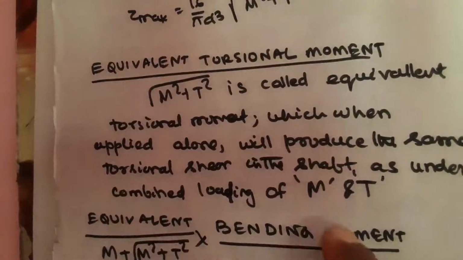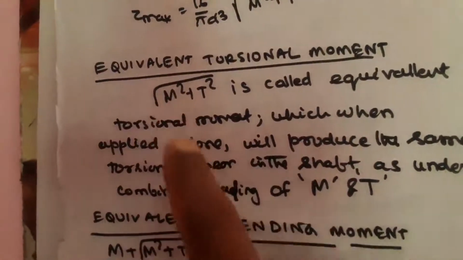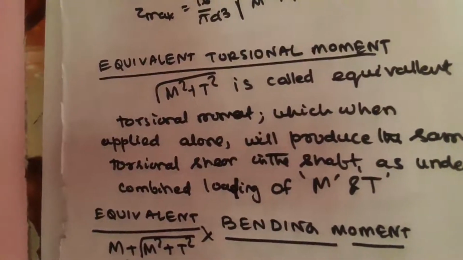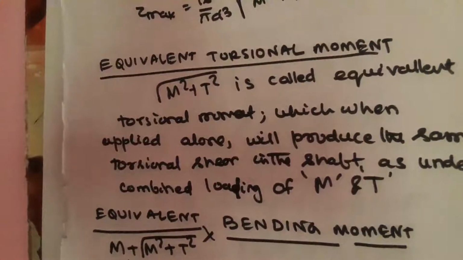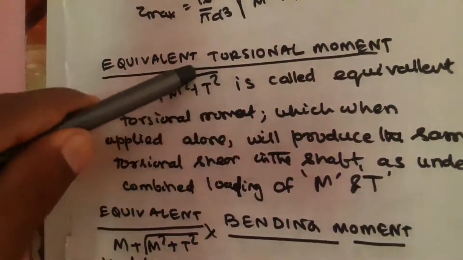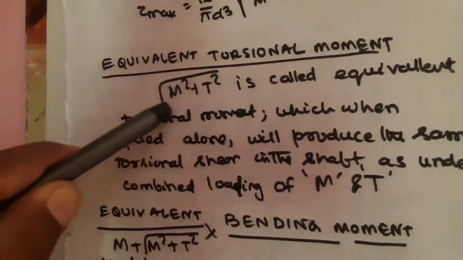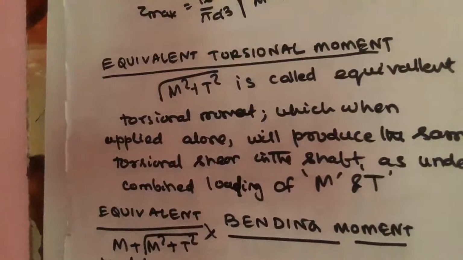So it is equal to the torsional shear stress developed because of the root of M square plus T square amount of torsional moment alone.